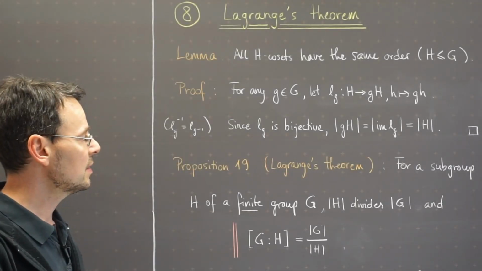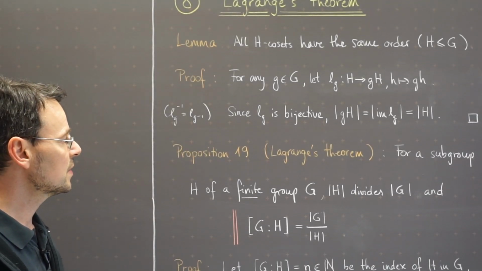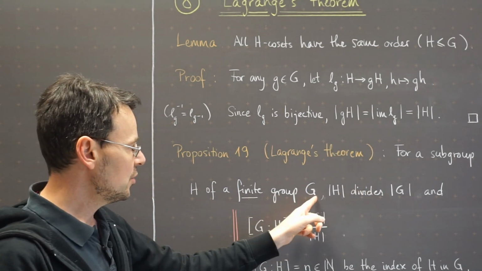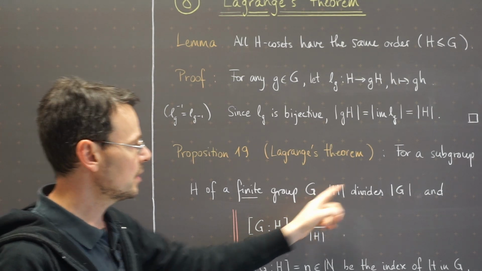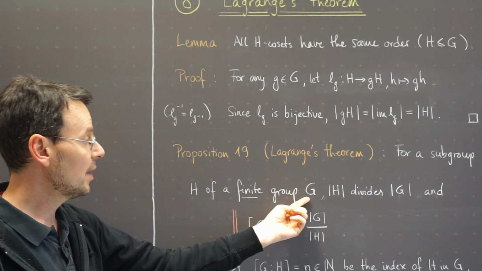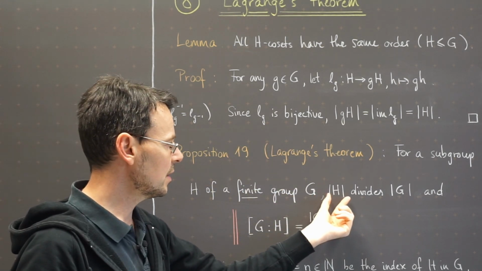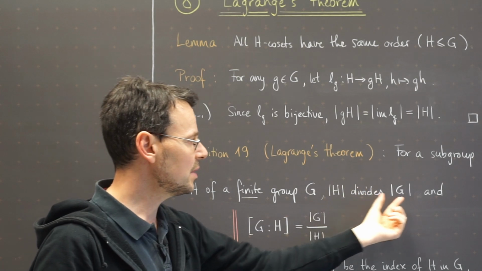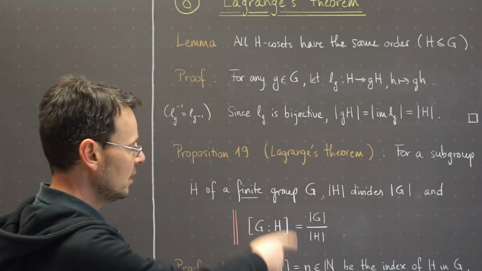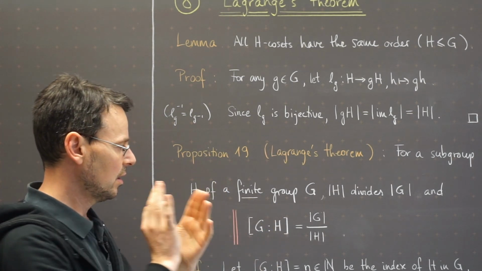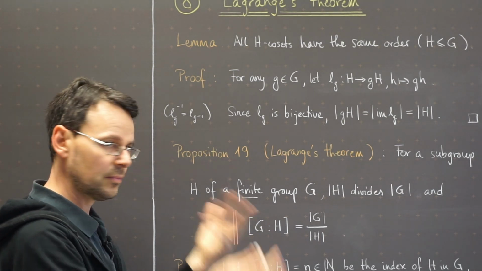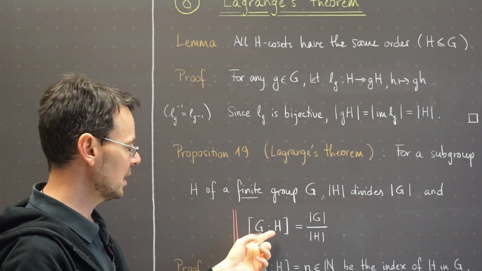Okay, now we can already state and prove Lagrange's theorem. Now in this case, G must be a finite group. So I take a subgroup, any subgroup H of a finite group G, then this theorem asserts that the order of H must be a divisor of the order of G. And the index, this is the number of different left cosets, as defined in the previous lesson.